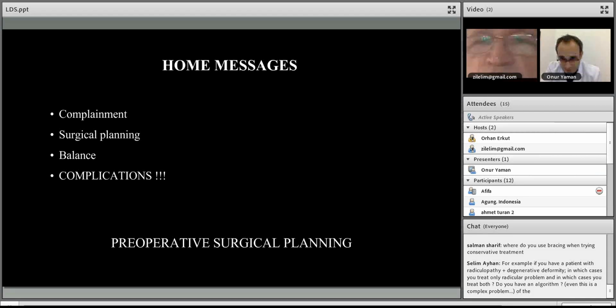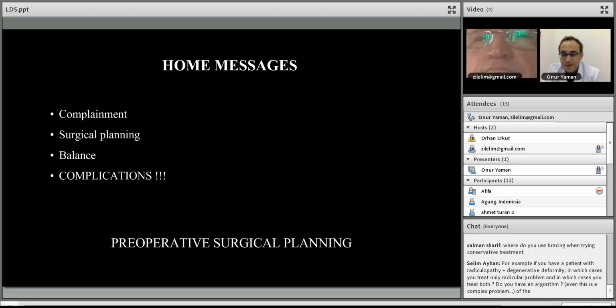First of all, these patients have comorbidities. We have to do as minimal a surgery as we can, but we have to talk very well before the surgery because these patients have osteoporosis, diabetes, cardiac defects.